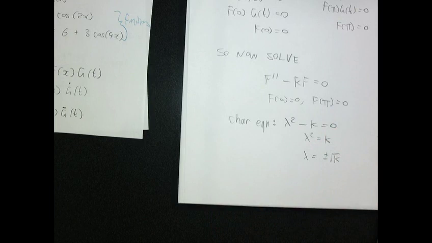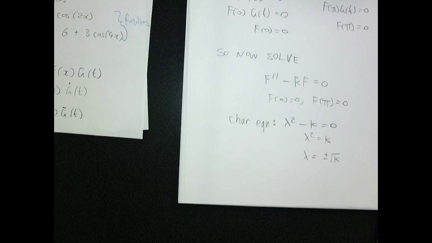There are three situations in second order constant coefficient differential equations, and they correspond to whether the lambdas are the same, whether the two solutions for lambda are real, and whether the two solutions for lambda are complex conjugates. Depending on what k is, we're going to get different answers. If k was 0, we just get lambda equals plus or minus 0, so two of the same answer.